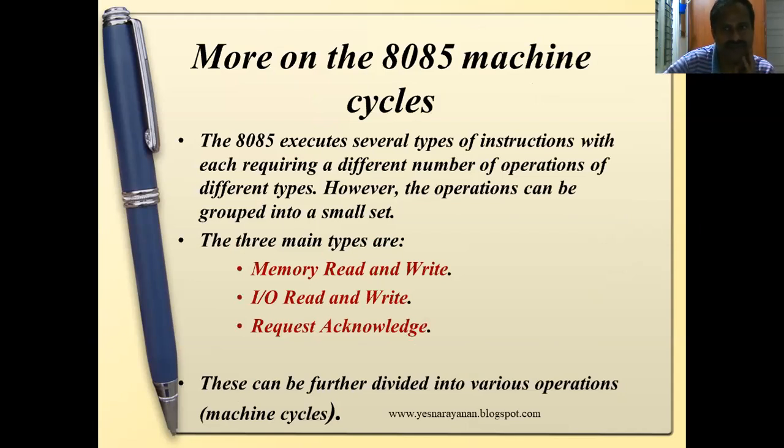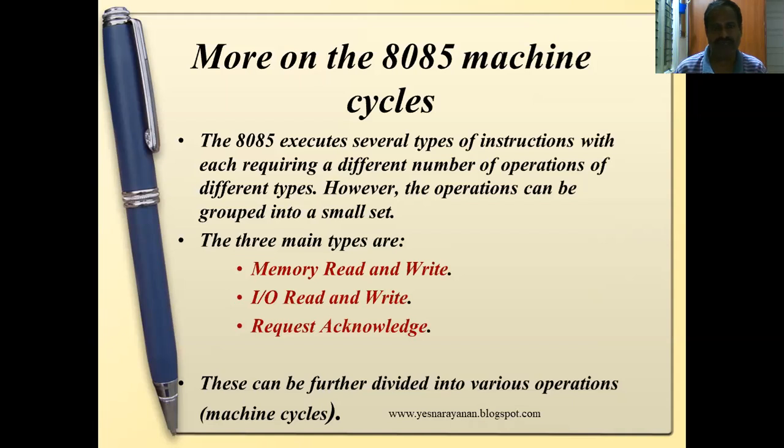The 8085 executes several types of instructions, with each requiring a different number of operations of different types. However, the operations can be grouped into a small set.